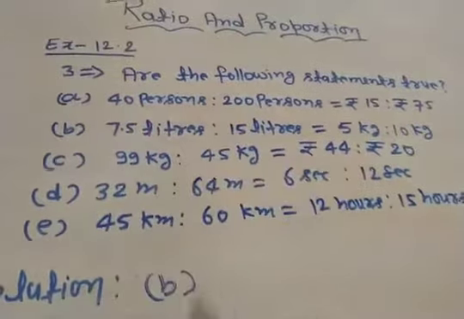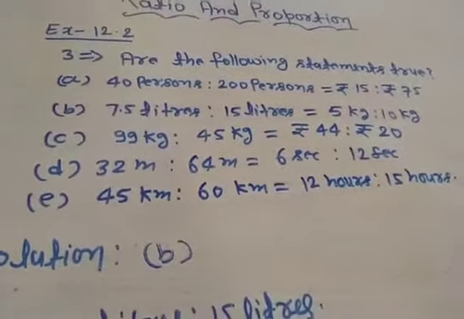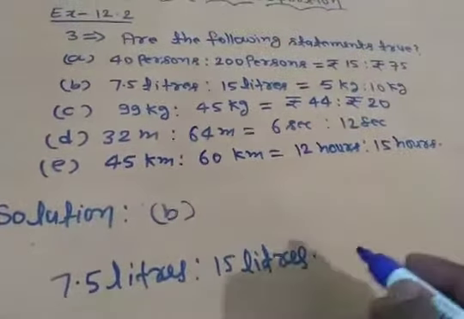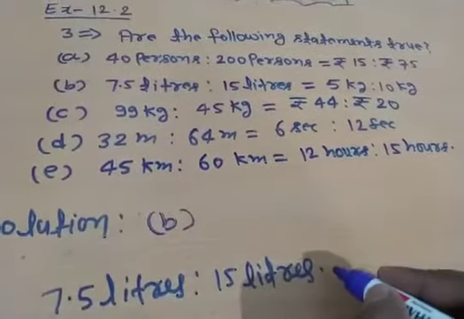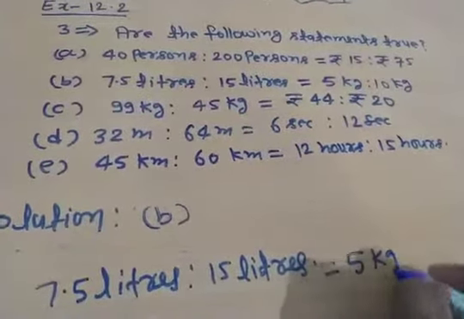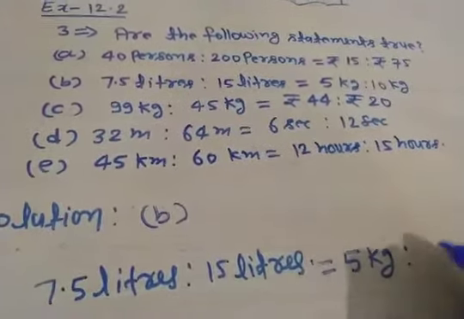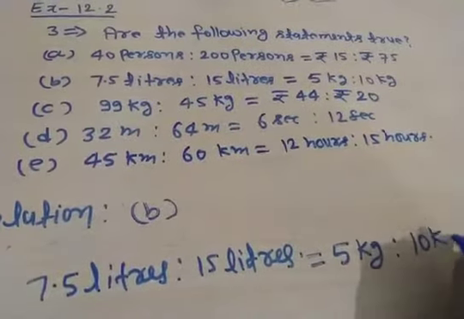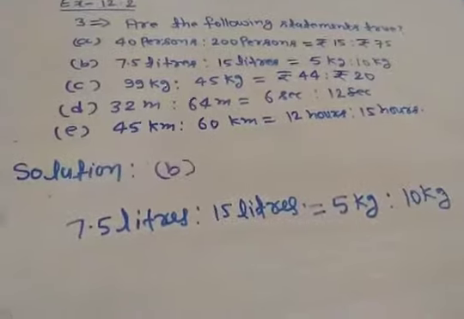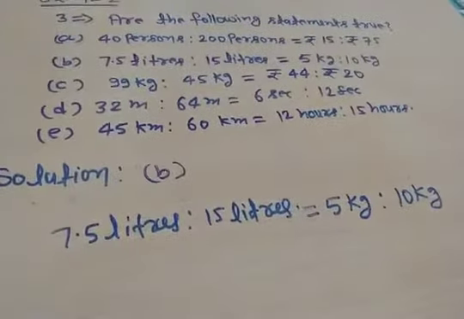So first write the left hand side here, and this is equal to 5 kg ratio 10 kg on the right hand side. We solve one by one and find their simplest ratio.